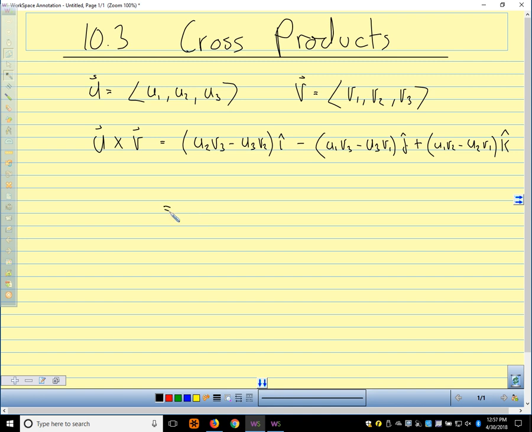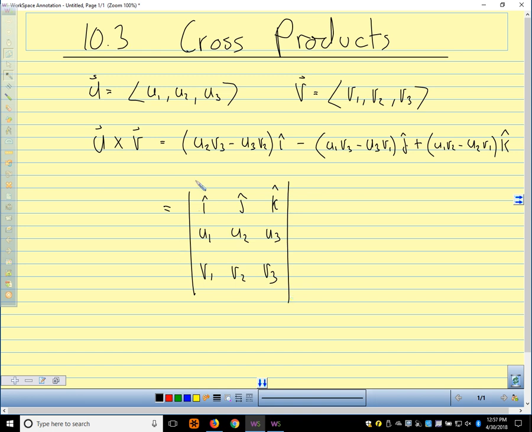This is equal to a determinant: i hat, j hat, k hat, u1, u2, u3, v1, v2, v3. Oh my god, it's a matrix. This is why I said at the beginning of the semester that we had to learn how to do 3x3 determinants by hand, because we need them to do cross products.